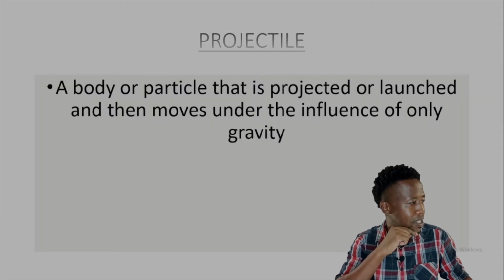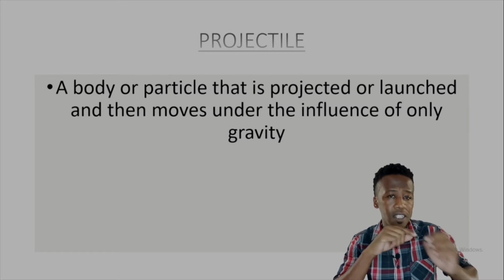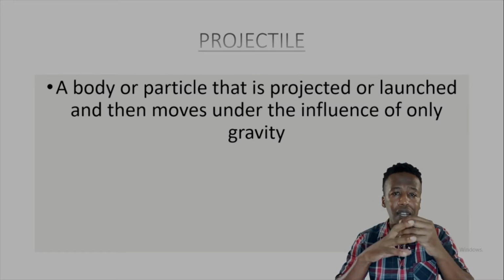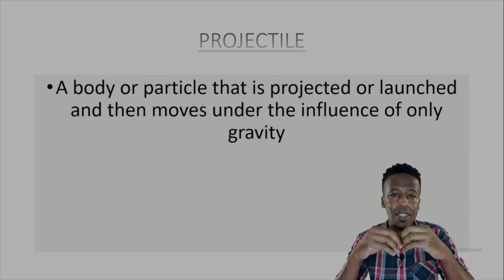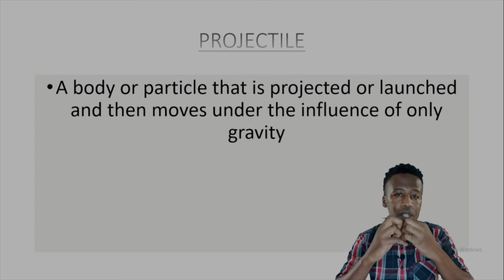A projectile is actually a body or a particle that is projected or launched and then moves under the influence of only gravity. Like I said, guys, we are drawn towards the center of the earth, right? Now the gravity is pulling us towards the center of the earth.